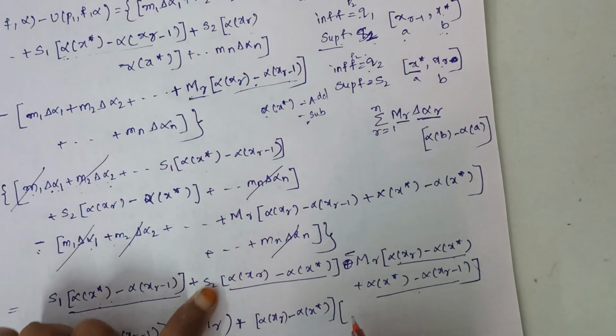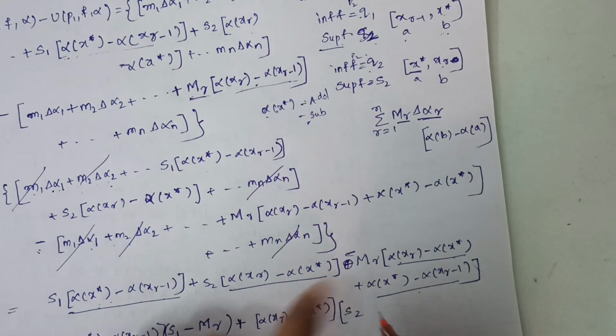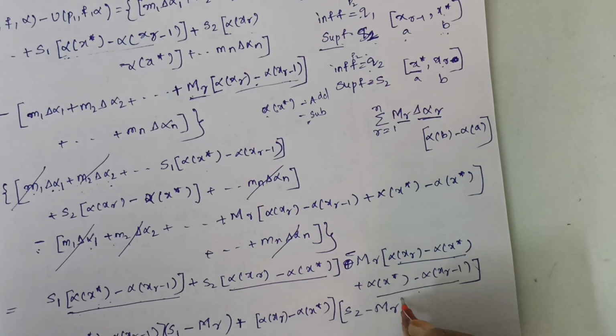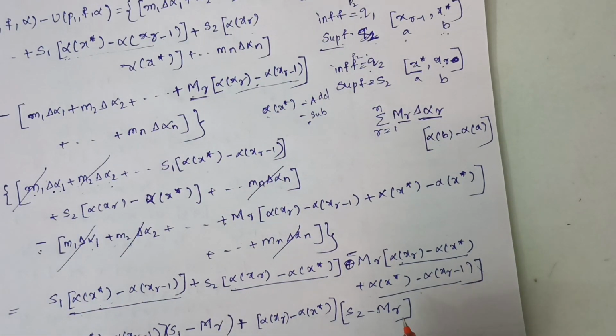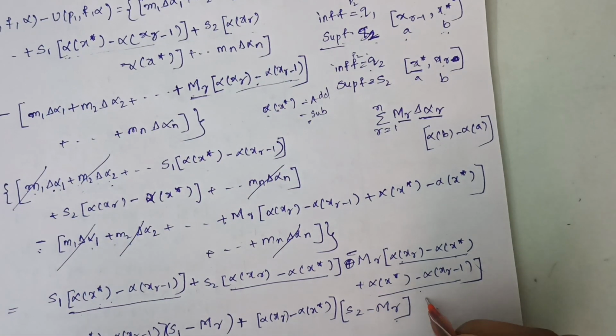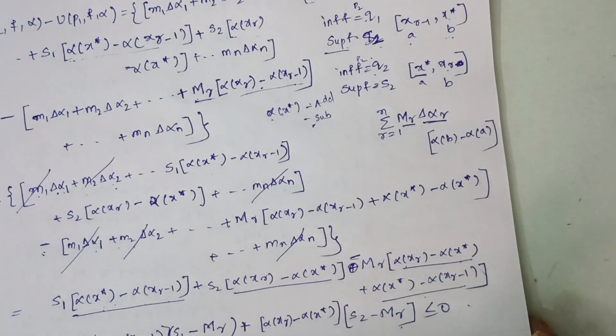So I get s2 minus capital mr. This is less than or equal to 0.